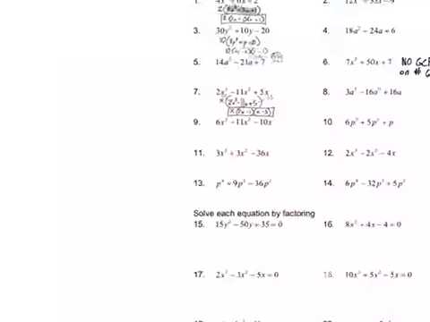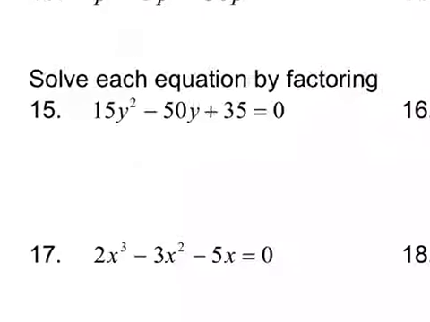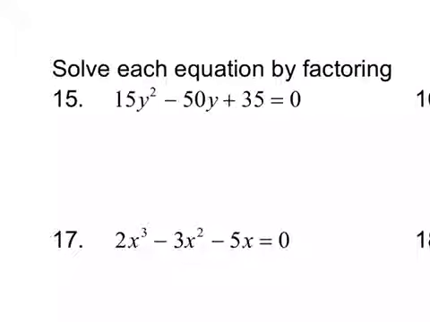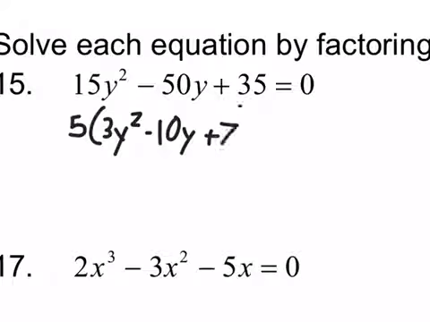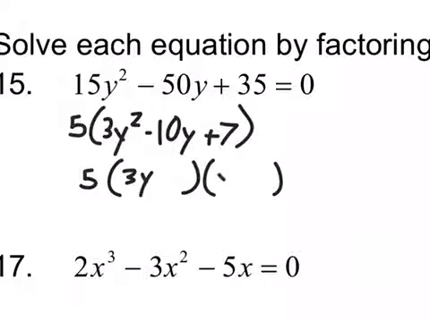All right, concept of solving by factoring, same kind of setup here. We could factor out here, biggest number looks like a 5, giving us a 3y squared minus 10y plus a 7. 5 will stay, so that's going to have to be a 3y and a y.